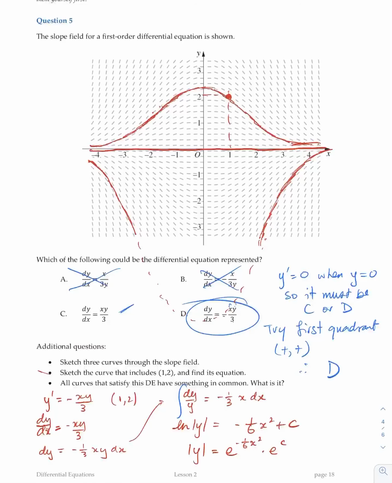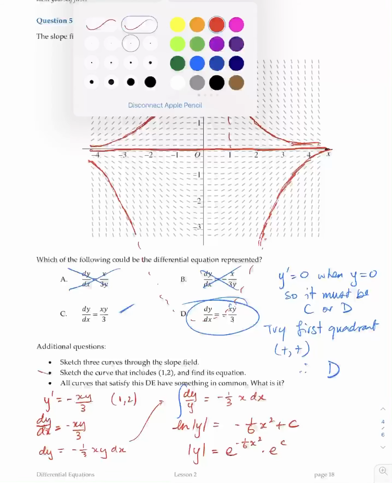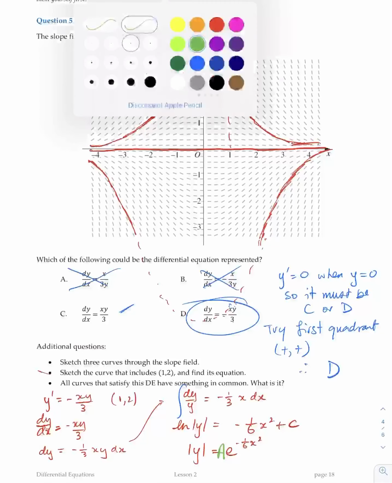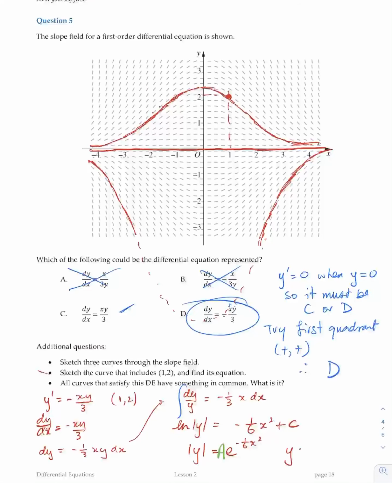Okay, and e to the c is going to be called a. And so there we go, where a is positive, negative, or 0, because that gives us this one here.